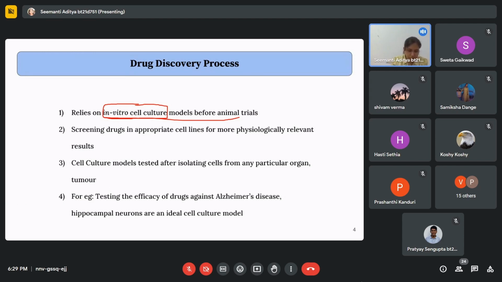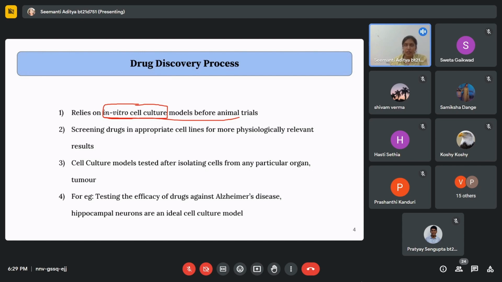So depending upon, mostly if we are using neuronal cells, then we have to isolate primary cells. For the disorders which are affecting the differentiated neurons, we have to isolate and culture those differentiated neurons and test them.